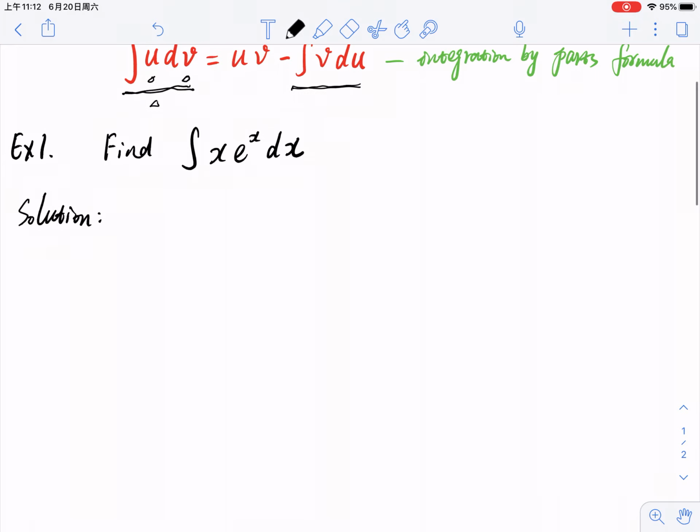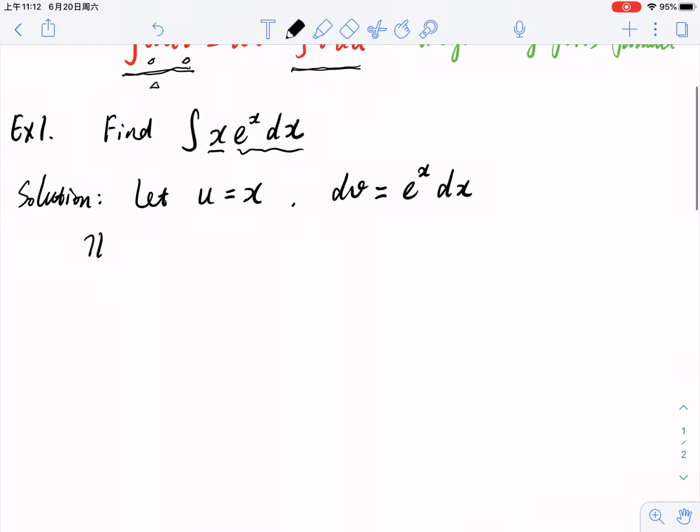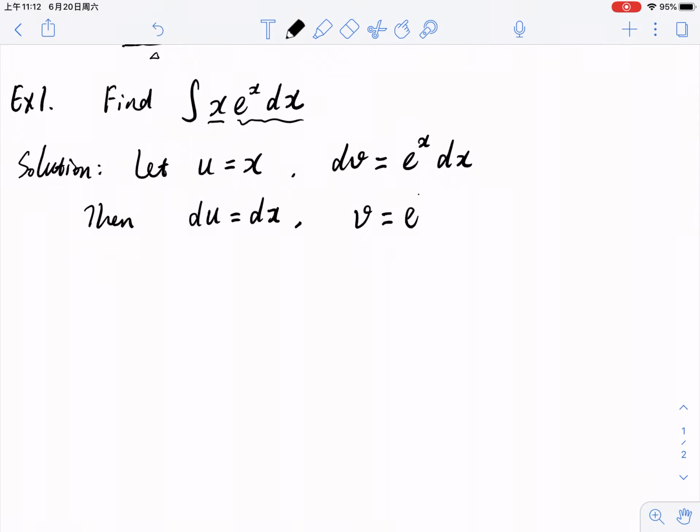So we let u be x, and dv is e^x dx. Then the derivative of u, du, is equal to dx. We know dv is e^x dx, so v is e^x.